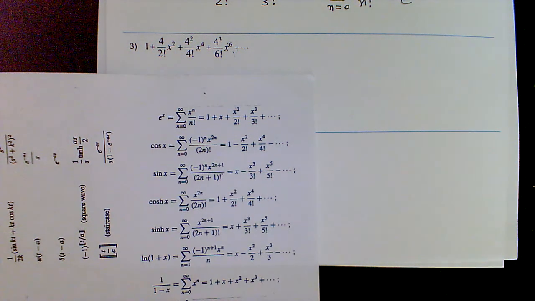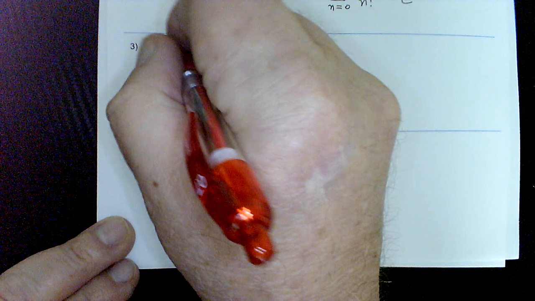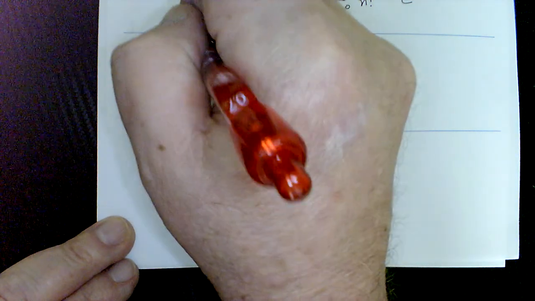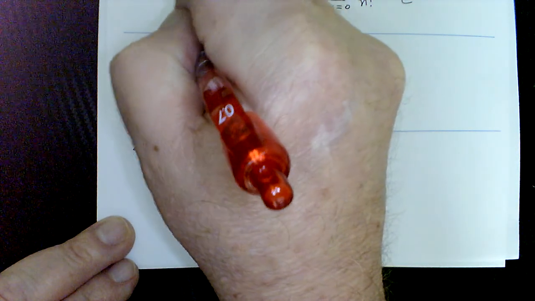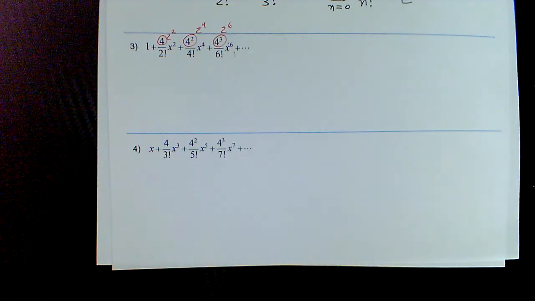But I can rewrite 4 as 2 squared to get that common power, and then absorb the 2 with the x as a quantity squared. And similarly, this 4 squared I could write as 2 to the 4th, and then it'll match the power. And the 4 cubed as 2 to the 6th, and then the power matches.